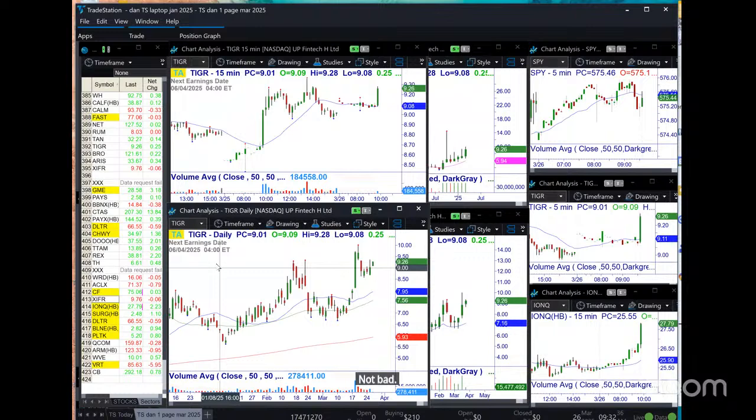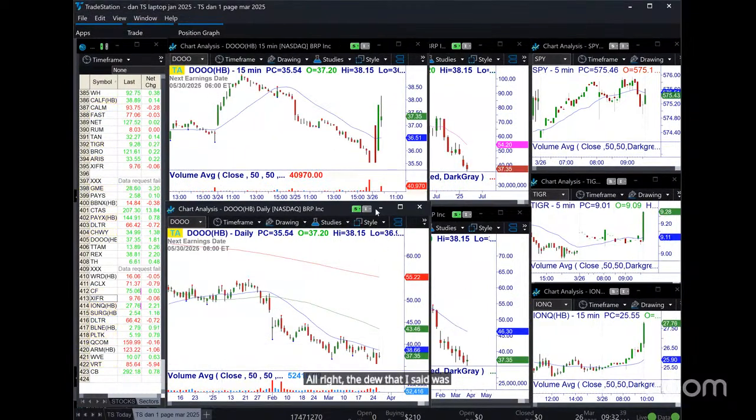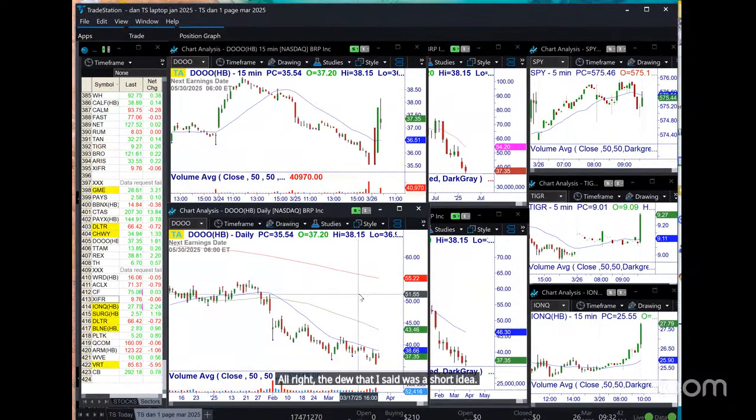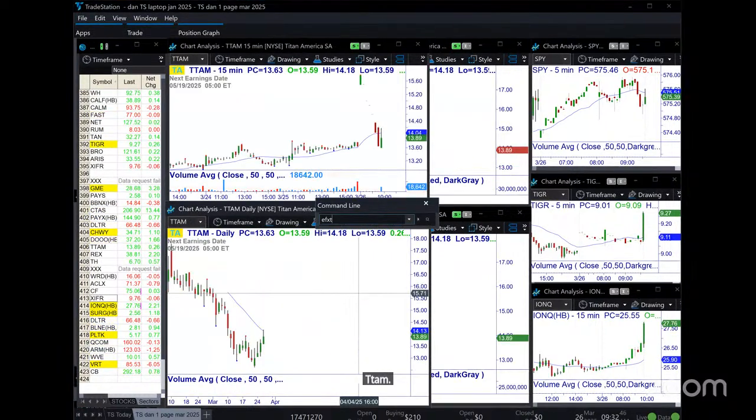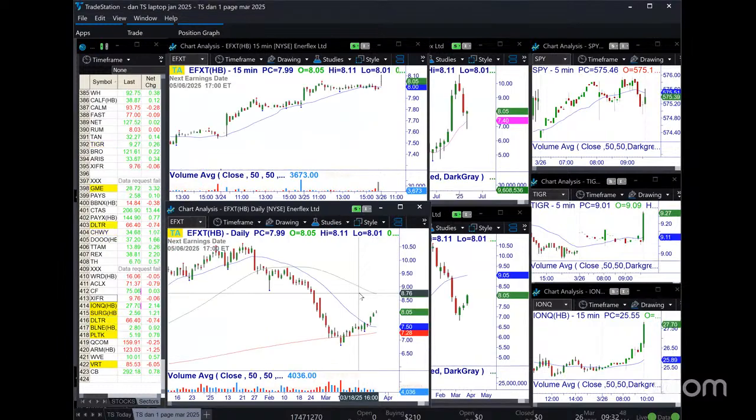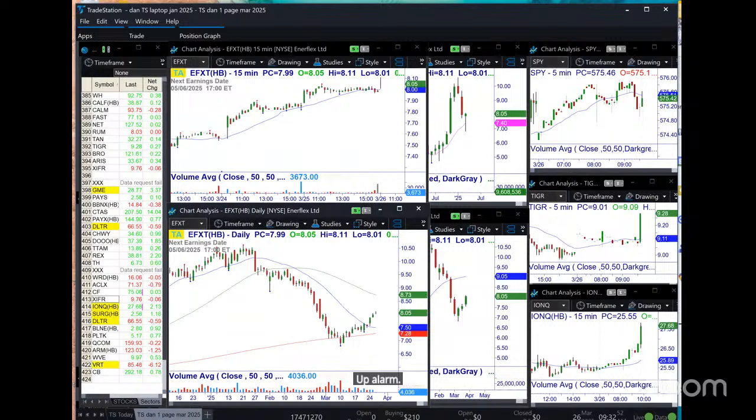All right, the do that I said was a short idea. See, the little gap messed it up. TTAM, nothing. EFXT, up alarm. Let's move stop 788.